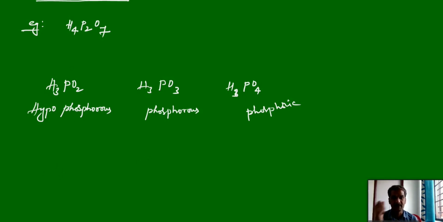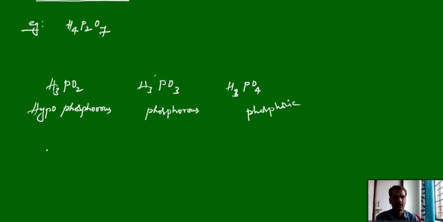Now tell me, what is the basicity of H3PO2? Anyhow, here 3 hydrogens are there, and here also 3 hydrogens, and here also 3 hydrogens. Then is the basicity same for all these 3 acids or different? And if it is the case, what are the basicities? For H3PO2, what is the basicity?